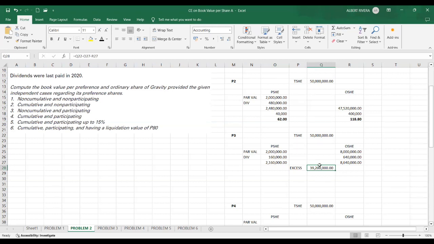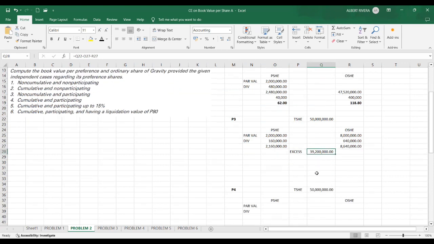And the aggregate par value is 10 million pesos. Okay? To get the allocation factor, that is just 39.2 million divided by the aggregate par value equal to 10 million pesos. So the allocation factor would be 3.92 times the par value of preference.